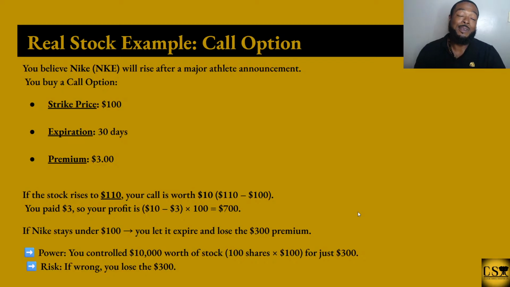The risk is if you're wrong, you could lose that entire $300 if it doesn't happen within the time frame you expect. Okay, so that's the big risk with option trading, and that can happen much quicker than you think in most scenarios, depending on what's going on in the news, what economic reports are coming out. All these things play a factor into how your option contract may be affected based on how it causes your stock price to move.